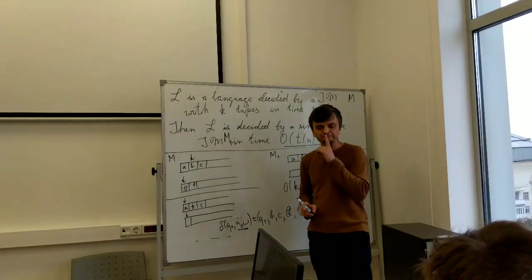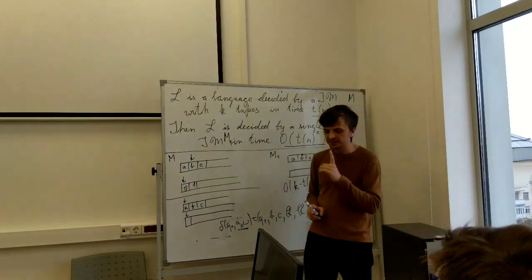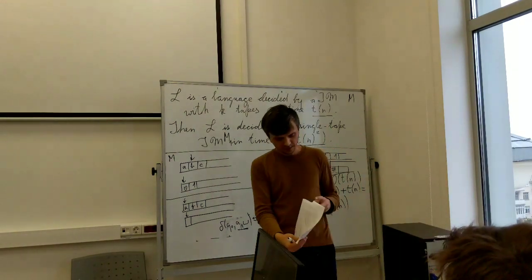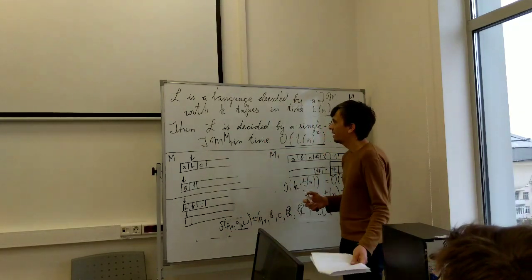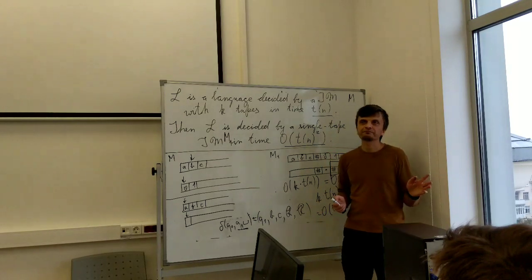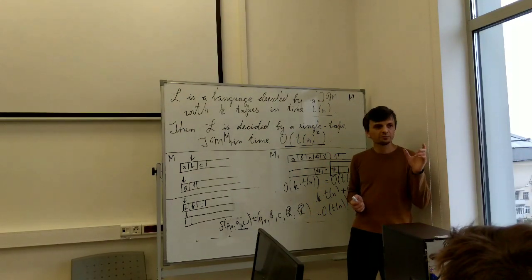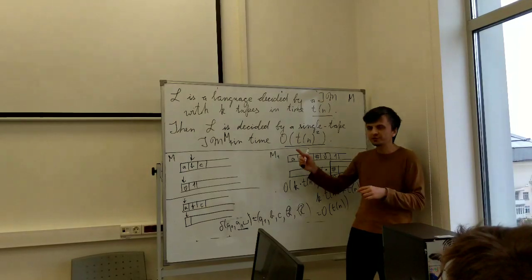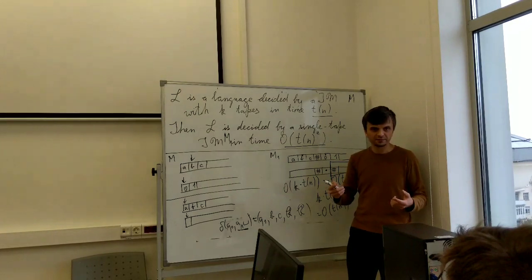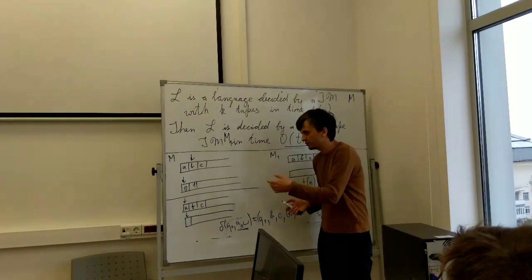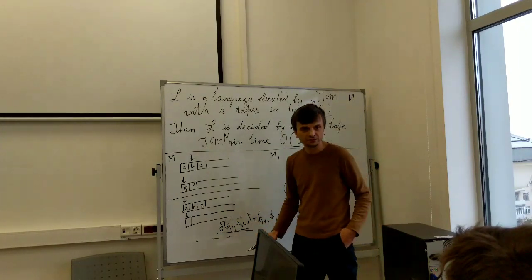What I should say though is that if you take Python, it's not difficult to write a program that takes a description of a Turing machine and simulates its behavior, right? So what's the description of a Turing machine? Essentially, you have to describe this transition function.